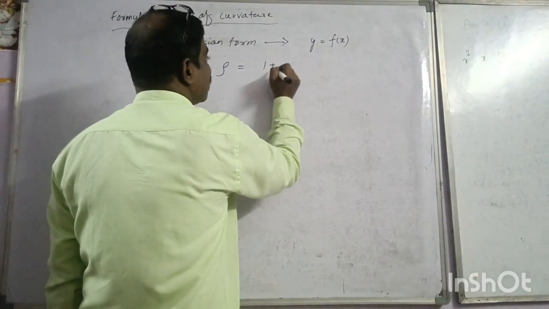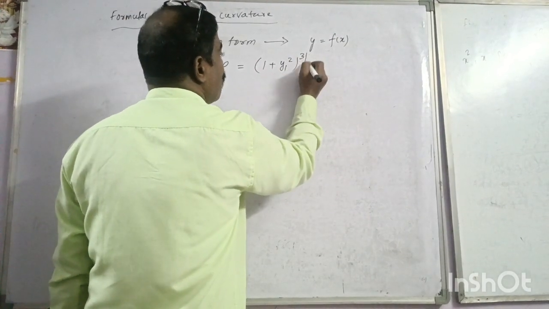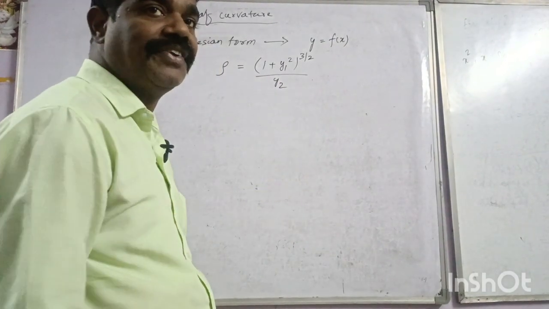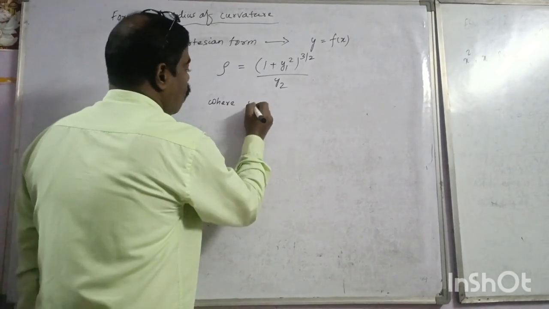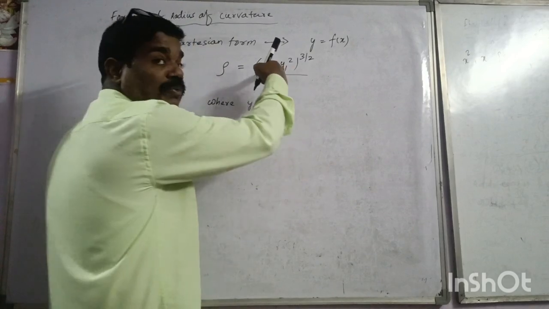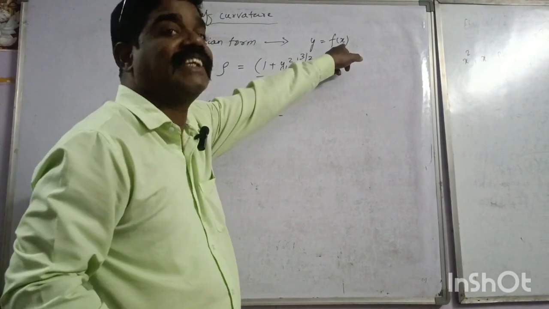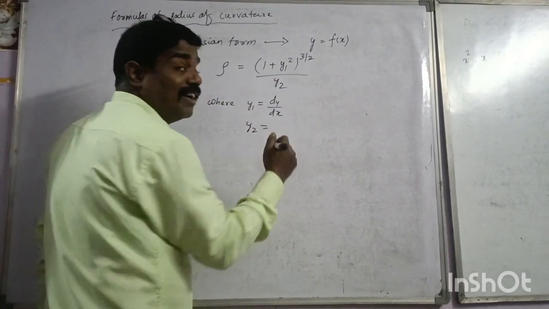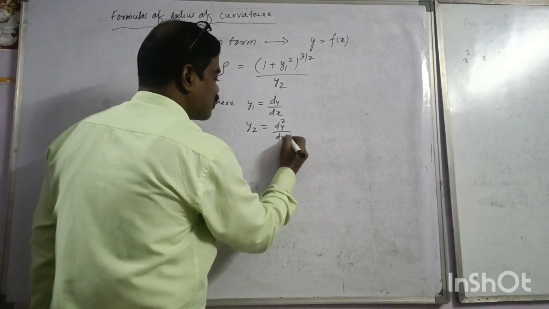1 plus y1 square whole to the power 3 by 2, divided by y2, where y1 is the first derivative dy by dx, because x is the independent variable, and y2 is the second derivative d square y by dx square.